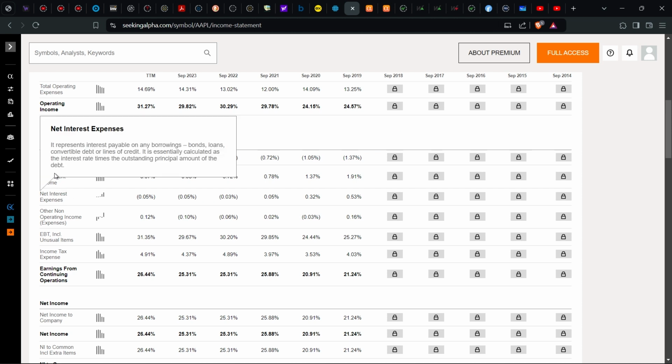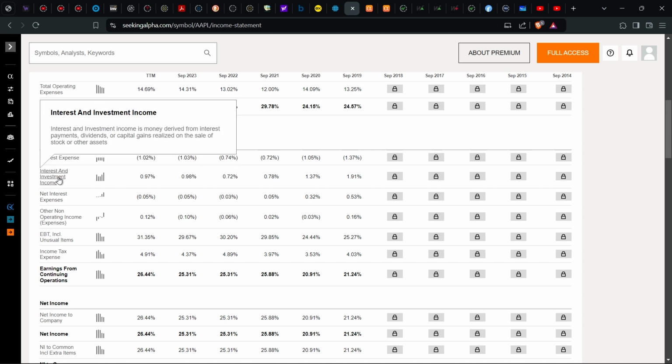Then again, we've already talked about interest and investment income. Again, interest and investment income is money derived from interest payments, dividends, or capital gains realized on the sale of stock or other assets. Remember when we were talking about the balance sheet, and there was a part for other receivables.